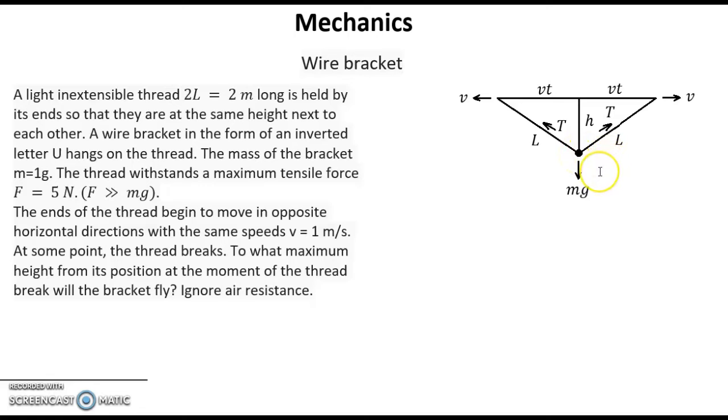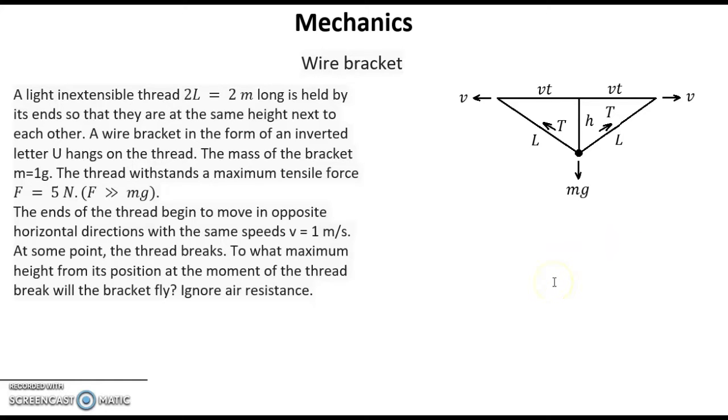On this picture we see the speed of both ends, it's v in opposite directions. We have mg applied to the bracket, and we have two tensions T. So this is all what we have.